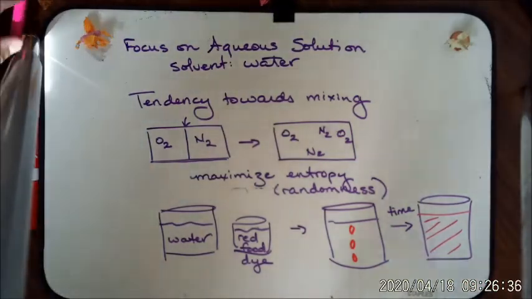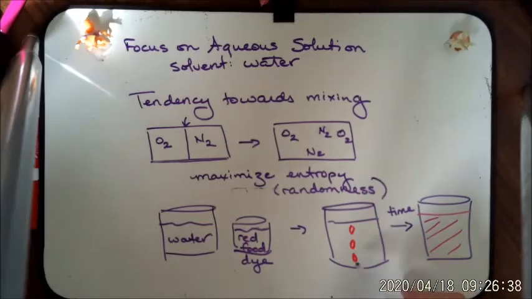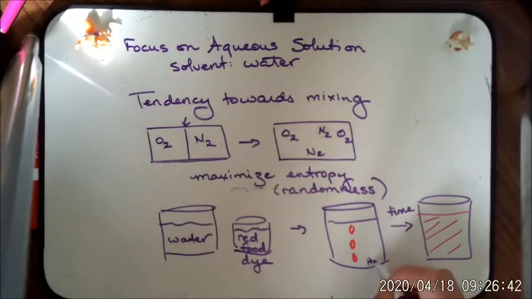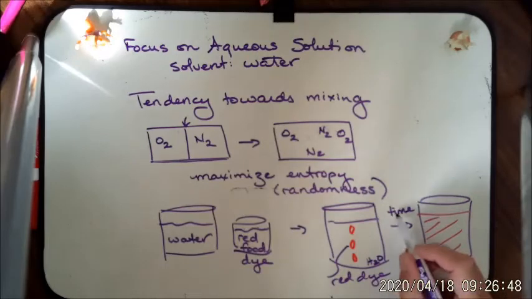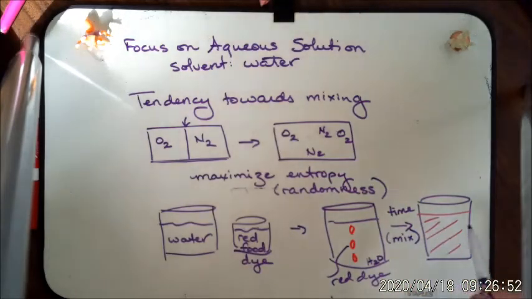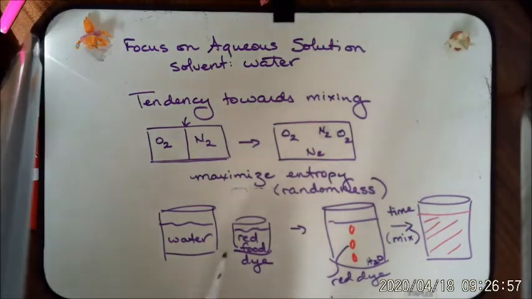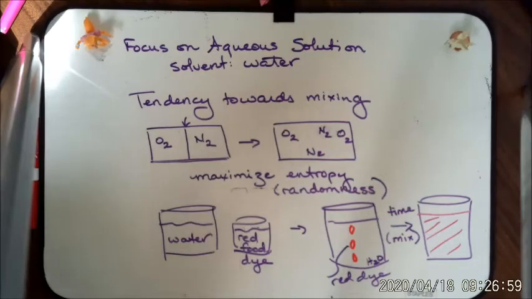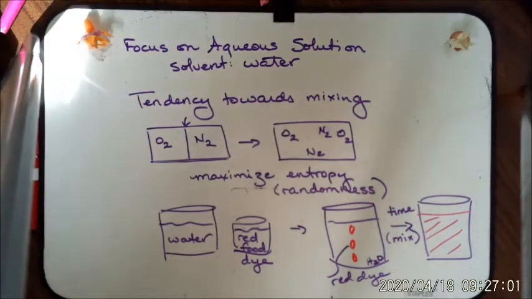And the reason it does this is because here, like I have oxygen and nitrogen separate, I have water and I have my red dye. And all we're doing is letting it mix over time. It's going to mix and it's going to distribute everywhere. So it's maximizing your distribution. You're maximizing your entropy. And this is what we talk about when we talk about the tendency to mix.